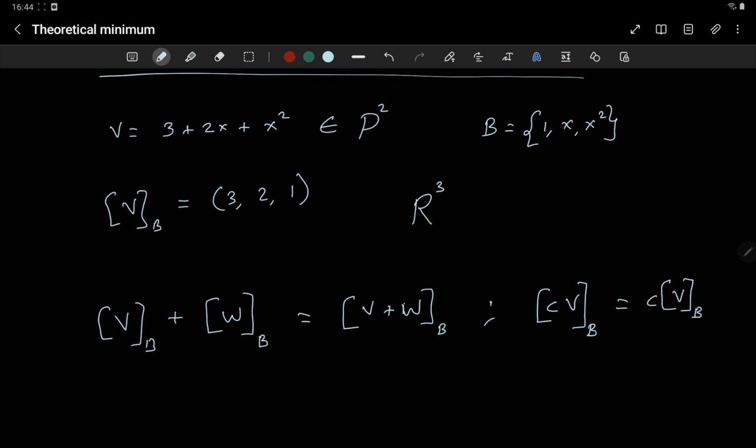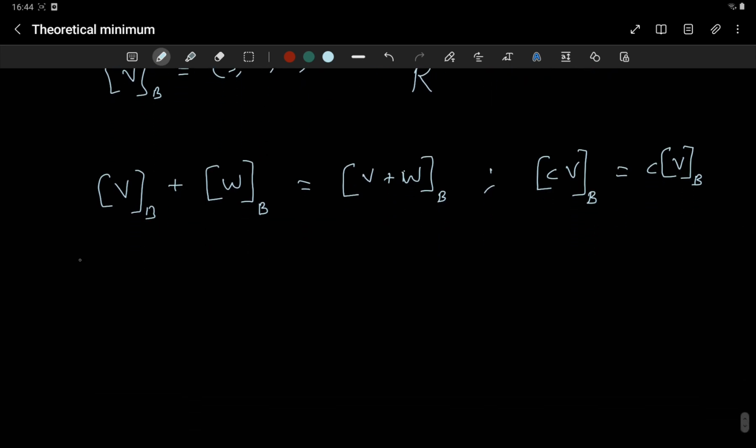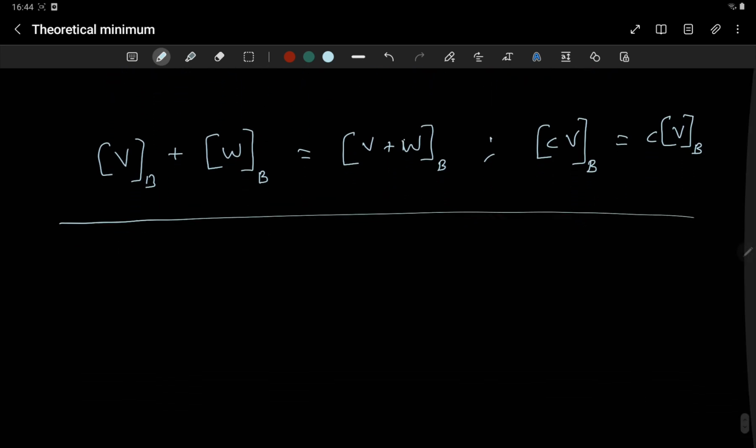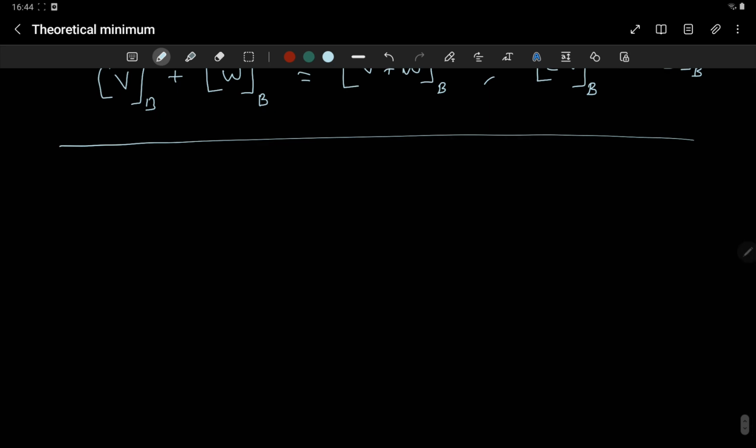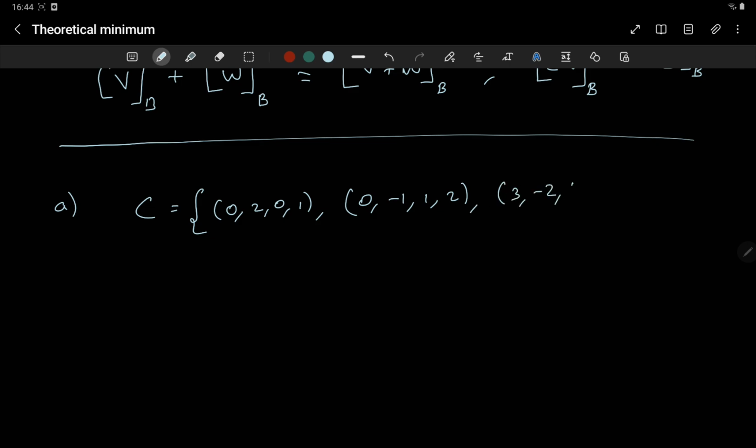Right. So now let's see some advantages with an example. Here we take some vectors from R4 space. One vector is (0, 2, 0, 1), another is (0, -1, 1, 0), and the third is (1, 1, 0, 0).